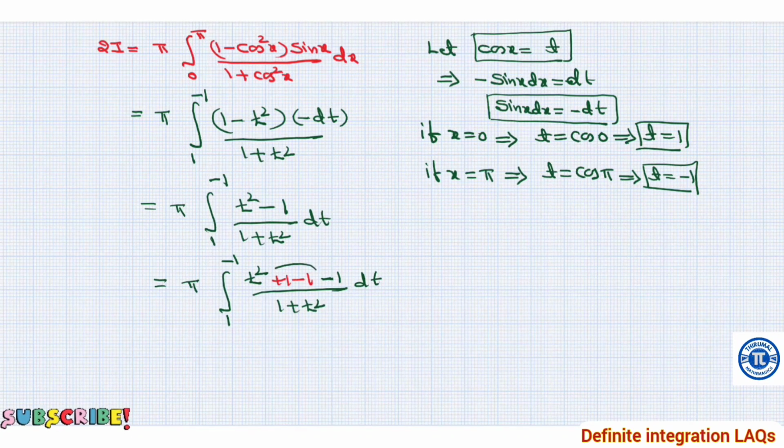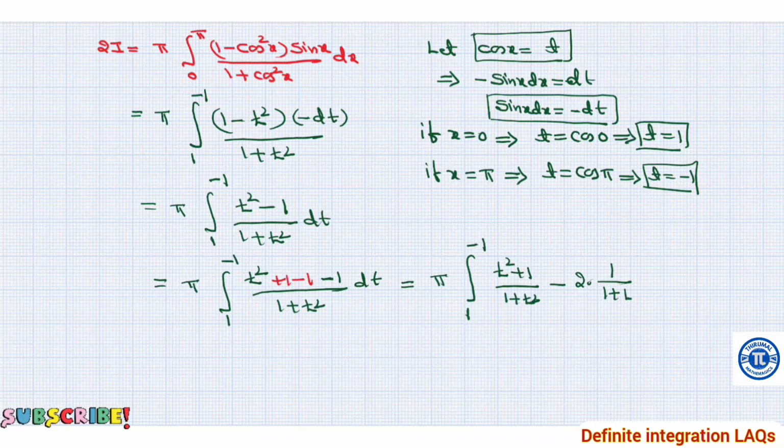These two values add, plus 1 minus 1 cannot change the value, so it equals pi times the integral from 1 to minus 1 of (t² plus 1) by (1 plus t²), minus 2 into 1 by 1 plus t², dt.